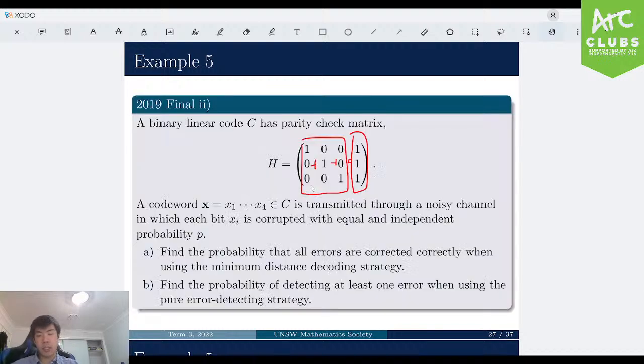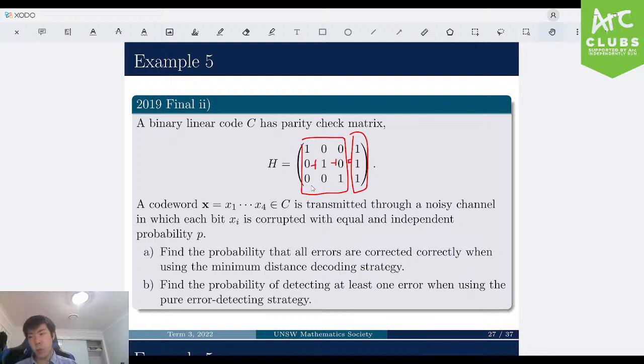And so what's the chance that all corrected errors were corrected correctly? Well, that would be the case when there is actually indeed just 1 error, right? So our strategy will always correct 1 error if it sees an error. So the probability that it is corrected correctly is that in the transmission, there is actually only just 1 error, right? What's the probability? Well, you have 4 bits.